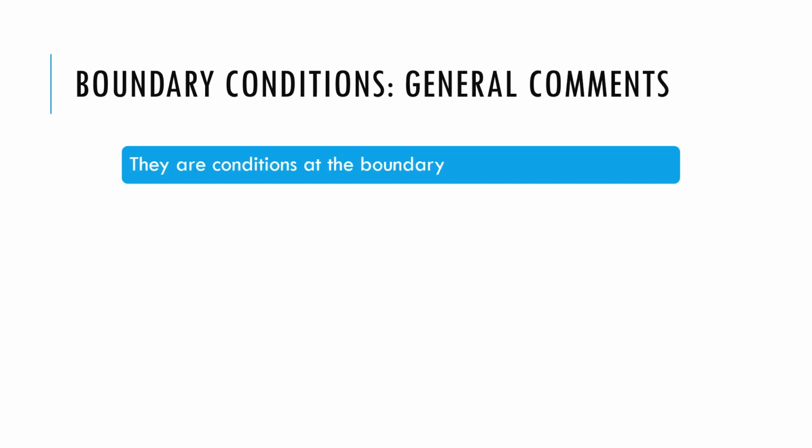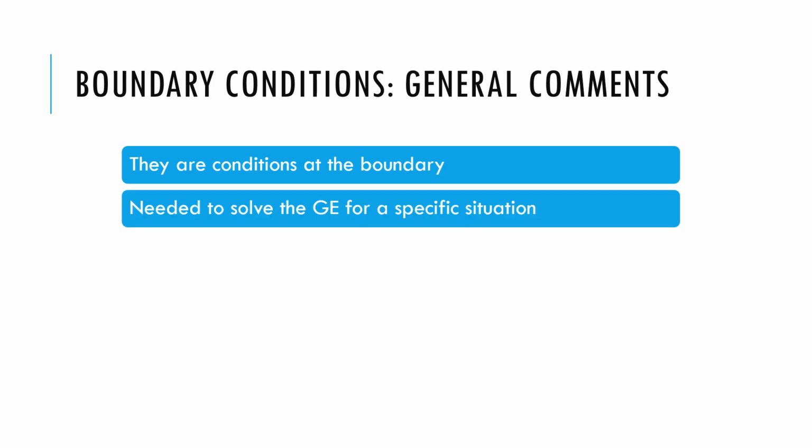Now, a few general comments about boundary conditions. First, of course, it's trivial that they are conditions at the boundary, not inside. They are needed to solve the governing equation for a specific situation, as already mentioned.